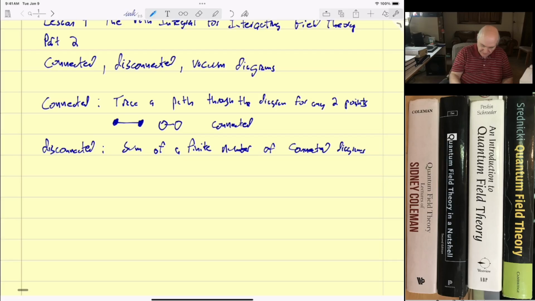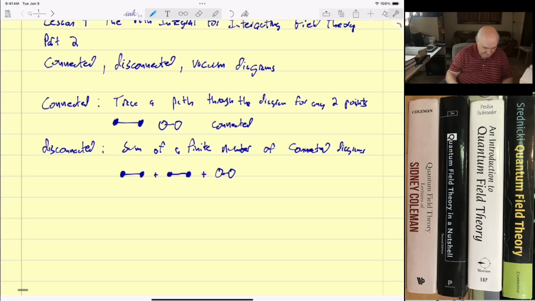So oftentimes we might sum like all the 2-point, and we might have a diagram that's like this plus this, plus let's say this. These are all disconnected, so this is a disconnected diagram. Each individual one is connected, but you can't get from one to the other.